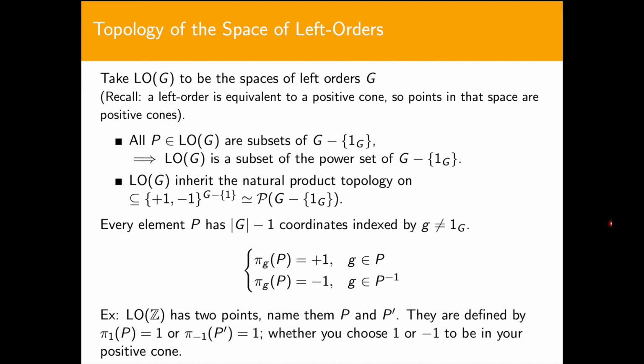For example, L(Z) has 2 points, you can name them P and P prime, and they're defined by whether 1 or minus 1 is in the positive cone. So the coordinate of P at 1 will be 1, and the coordinate of P prime at minus 1 will be 1. And this portrays whether you choose 1 or minus 1 to be in the positive cone.